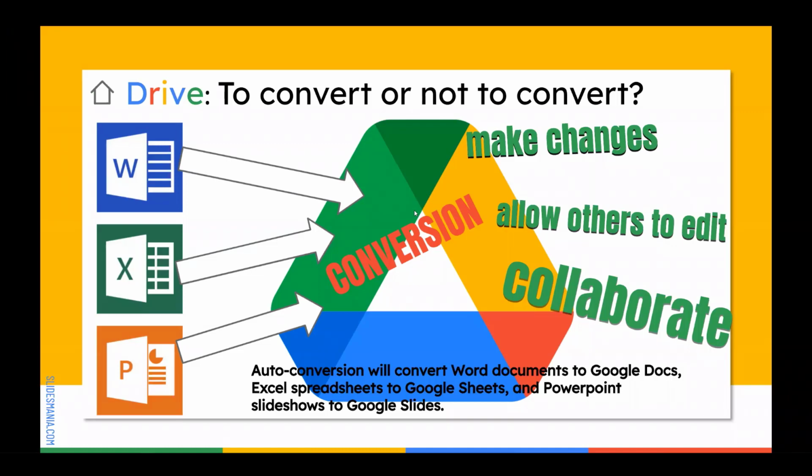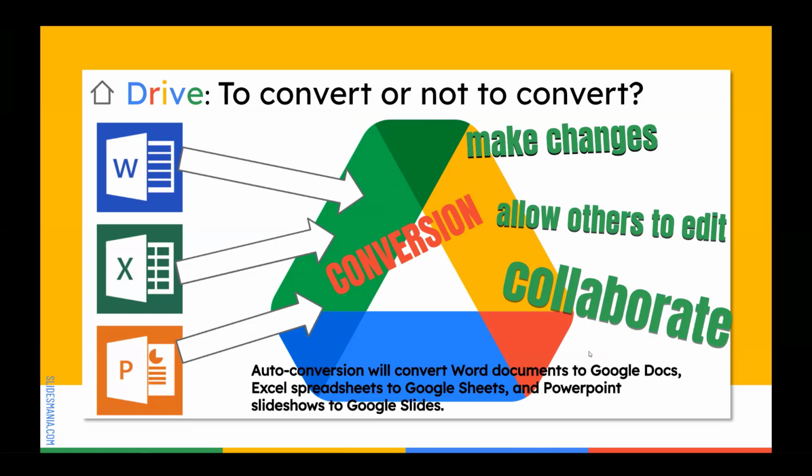consider converting it to a Google Doc, right? I know this is a little bit advanced, but it's really important for you to understand that if you put something that is not made by Google into the Google Drive, it's more like a PDF. So if you put one of these in and you convert it, and you get the Google version, you can make changes, you can allow others to edit, and you can collaborate.